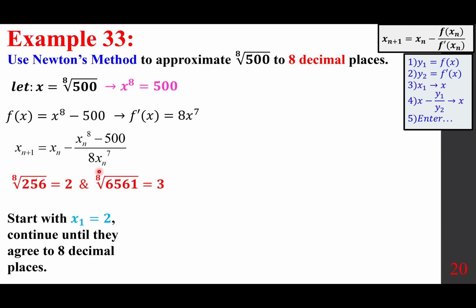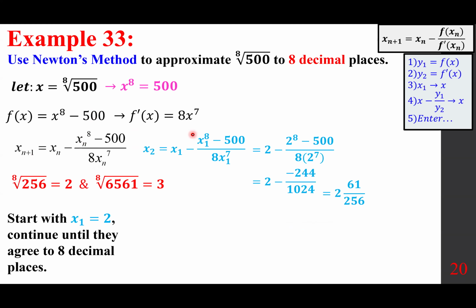If that's x sub 1, then according to this formula, x sub 2 must be x sub 1 minus x sub 1 to the power of 8 minus 500 over 8 x sub 1 to the power of 7. So we replace it with 2, and when we do the math, we get 261 over 256 exact. And with decimals, since they want 8, we want to use a lot of decimals.